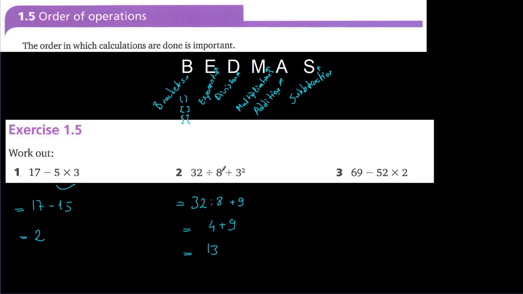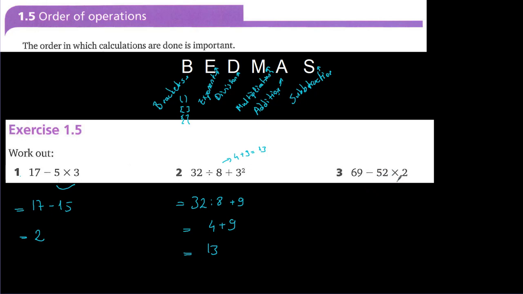While you are doing the division, at the same time you can get 3 squared. 32 divided by 8 is equal to 4, because you don't have to do anything with 3 squared. So 3 squared is equal to 9, and 4 plus 9 is also equal to 13. You can quickly do these operations.